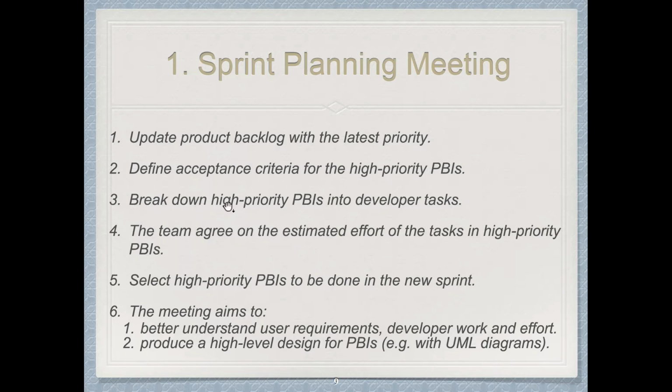We then break down high priority PBIs into developer tasks, and then we give estimates to the highly valued PBIs, based on the estimates for developer tasks. And then after we have the subtotal of each PBI, then we know how many PBIs can fit into the next sprint.